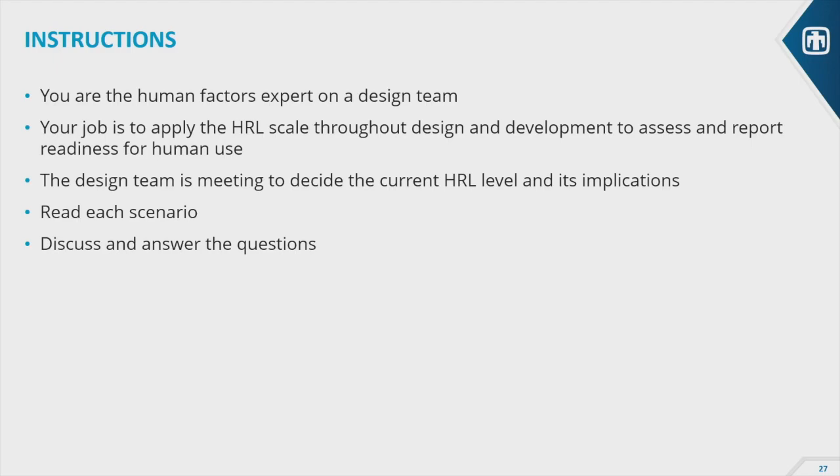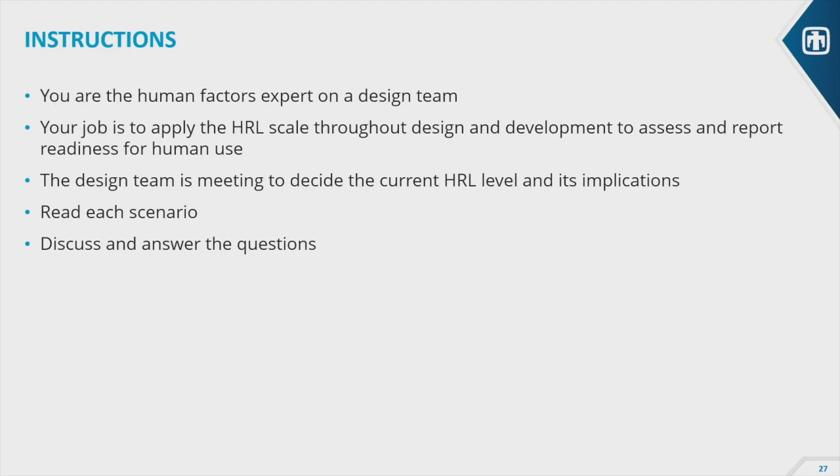What you'll need to do is read through each scenario and then in your groups discuss and answer the questions. We have 3 questions for each scenario. And then we'll get back together as a group and do our report outs for each scenario, and then wrap up with final discussion and questions.